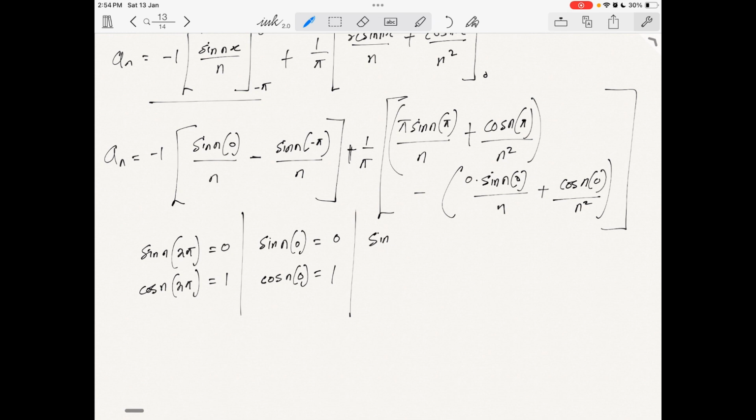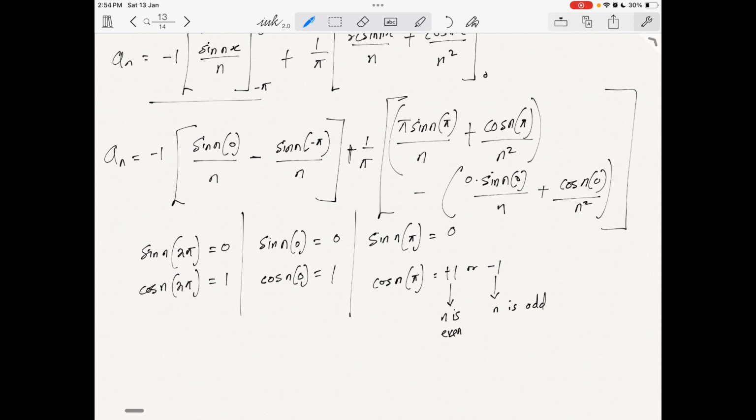Sin n of pi is equal to 0, and cos n of pi is either plus 1 or minus 1. It is plus 1 when n is even, and it is minus 1 when n is odd.